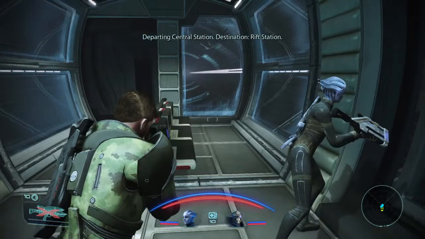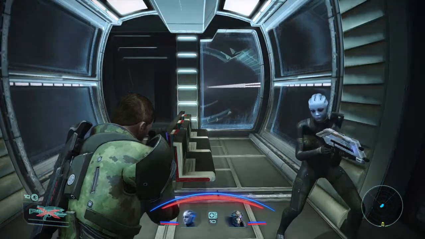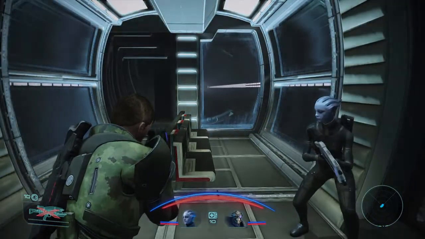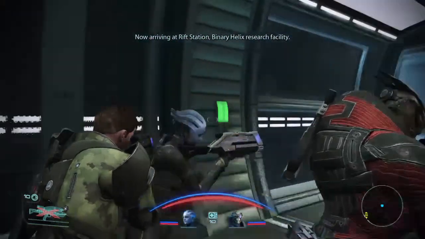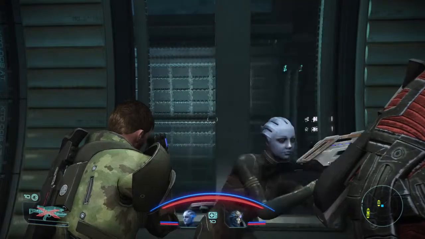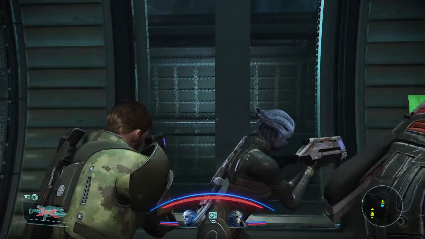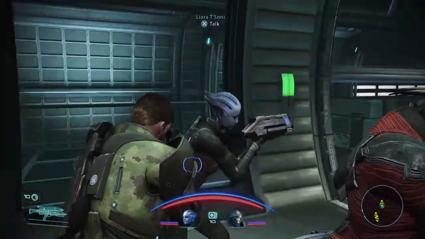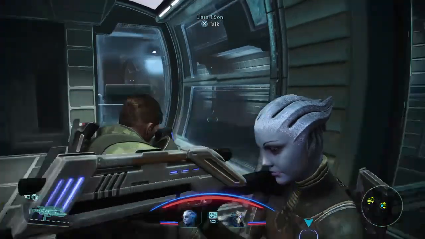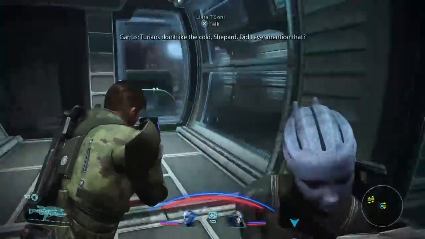Departing Central Station. Destination, Rift Station. Helix Research Facility. Turians don't like the cold, Shepard. Did I ever mention that?